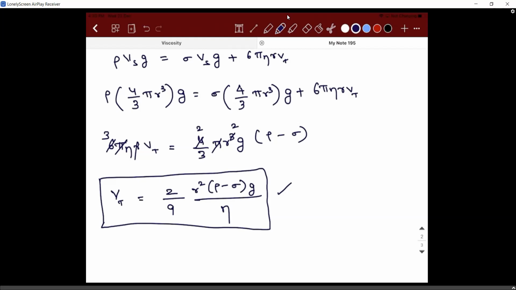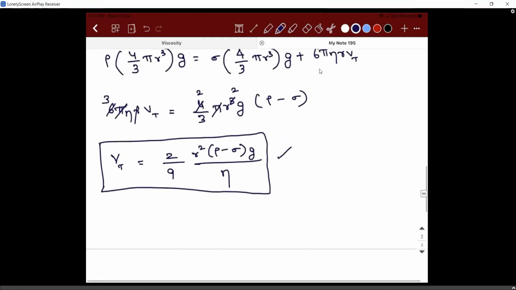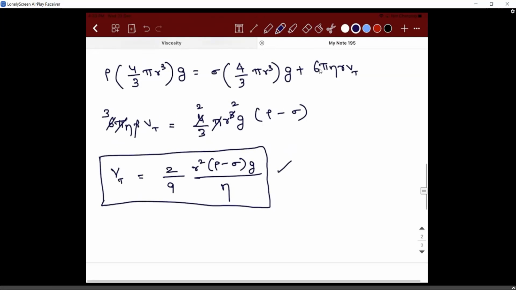Yes, for the buoyant force, why are we taking the volume of solid instead of volume of liquid displaced? See, the weight of the liquid displaced is equal to the weight of the immersed portion of the solid. That is what Archimedes principle states. Suppose there is a solid like this, and this is the immersed portion. Let me say the volume of this immersed portion is Vi.